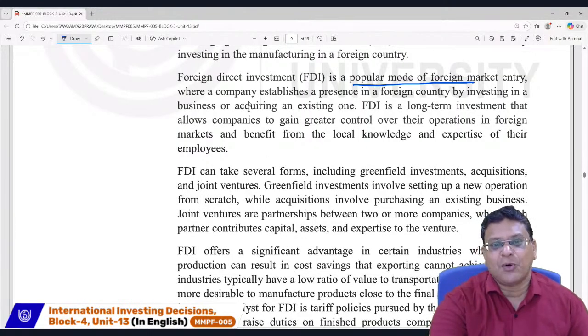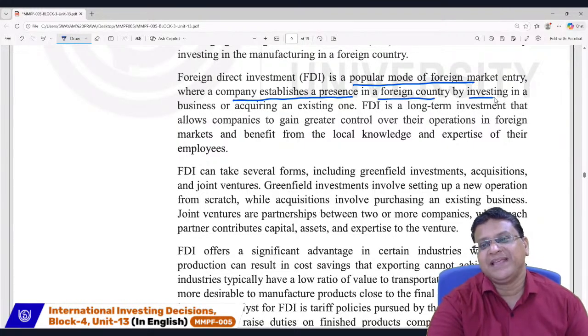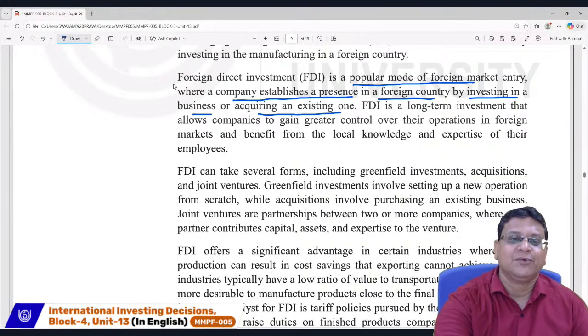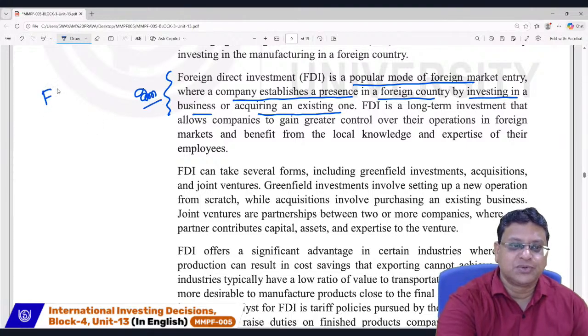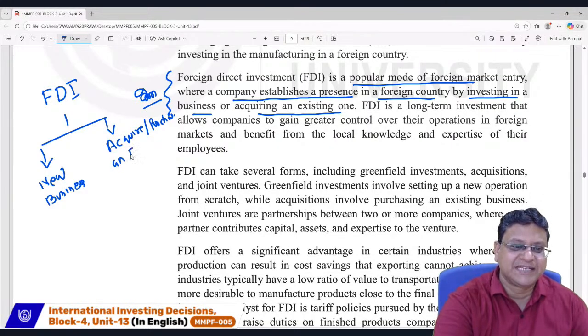In this case, the company establishes a presence in a foreign country by investing in a business or acquiring an existing one. What happens? In case of FDI, the foreign company invests in a new business or acquires or purchases an old business or an existing business.